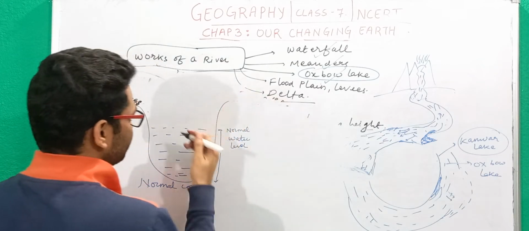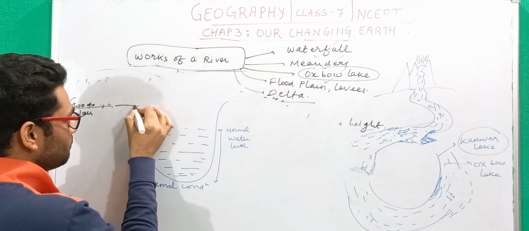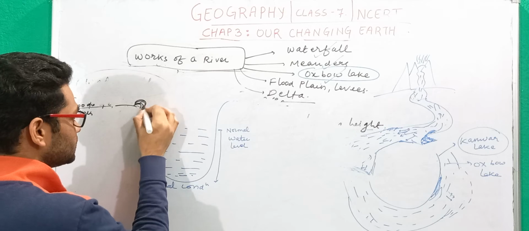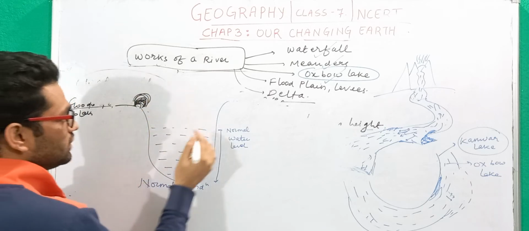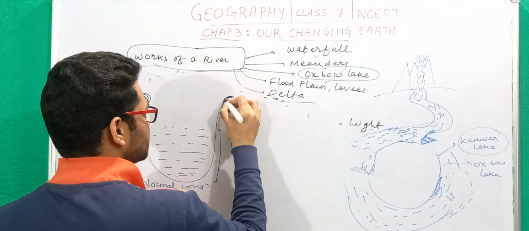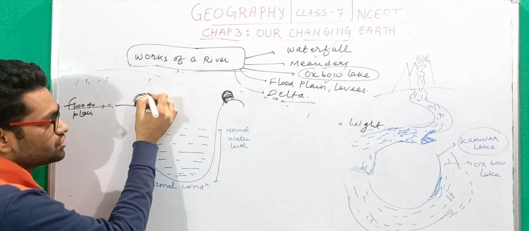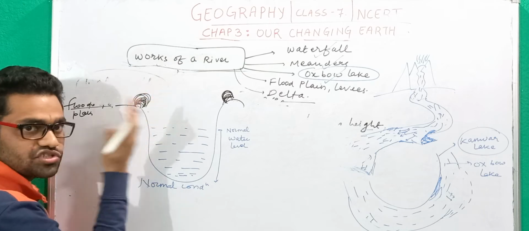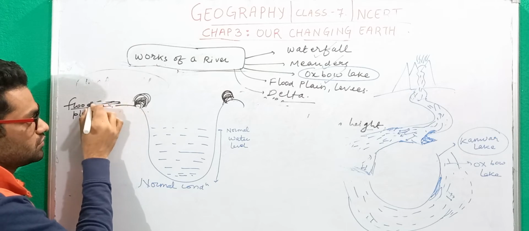Whenever the normal water level rises, after successive rising of the water level in the rivers, you will find that the deposition of materials on the bank will be much more rapid than in the floodplain area.